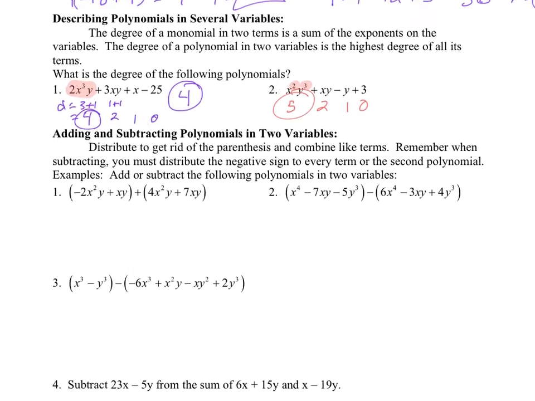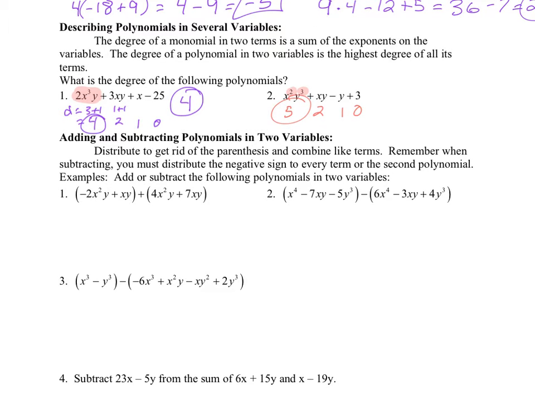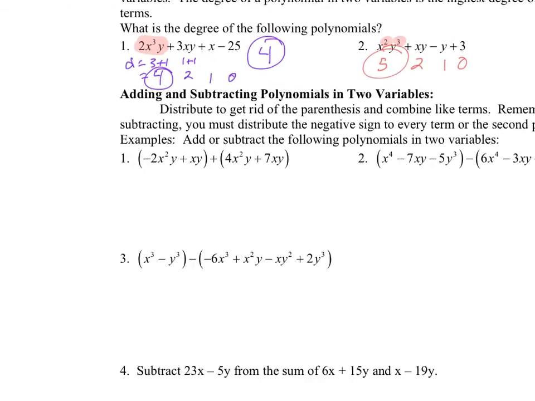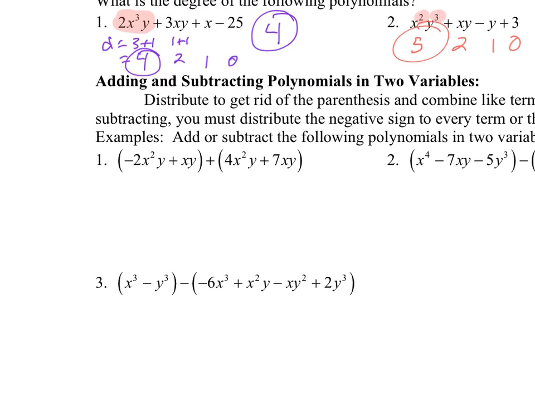So basically we're simplifying, we're doing the addition. That's all they're having us do here. But now we've got multiple types of terms, so like terms are a little dicier. We have negative x squared y, and I have 2 x squared y's.